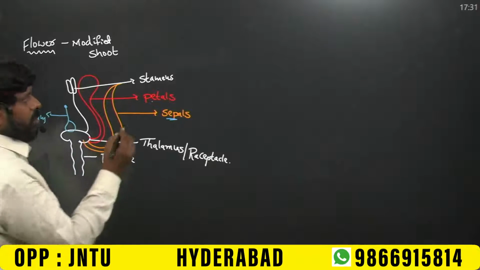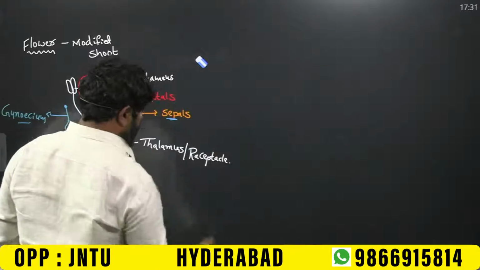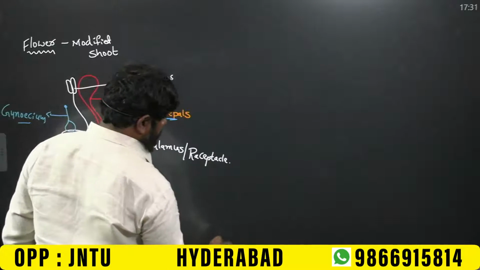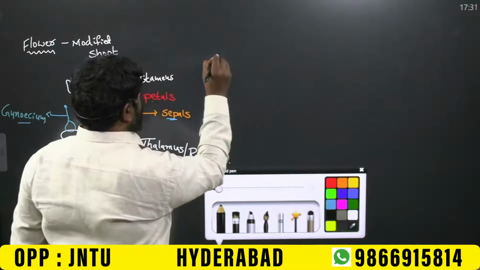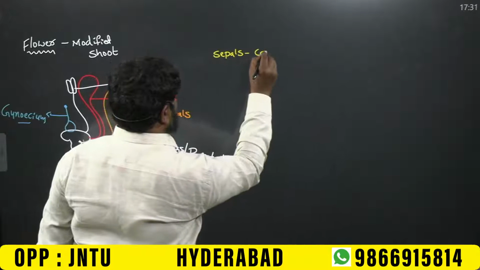In the given flower, a group of sepals is called the calyx.